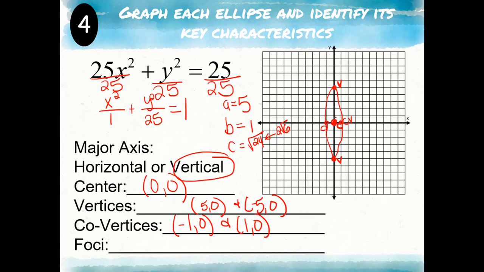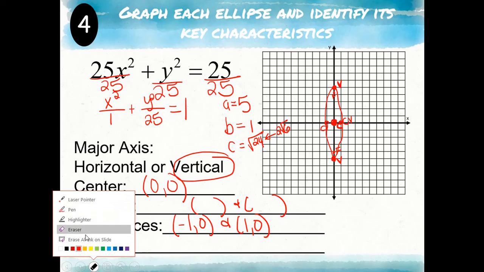So I'm going to go up and down 4.8. 1, 2, 3, 4. A little bit closer. So this would be right here. This would be my foci. Right there. So my ordered pairs, kind of a little off here. Oh, I just noticed. Why didn't you tell me something? I screwed up my vertices.